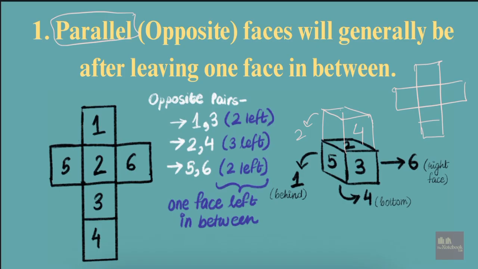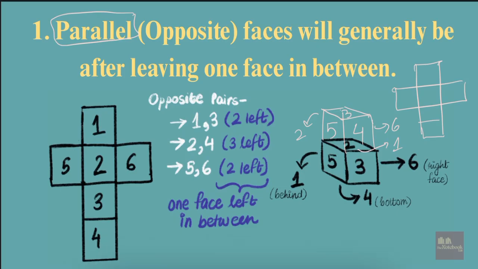If 5 is over here, what will we have on the other side? It will be 6. And then again, what is left? 1 and 3, right? Yeah, so if 3 is over here, what will be in the bottom part? It will be 1.